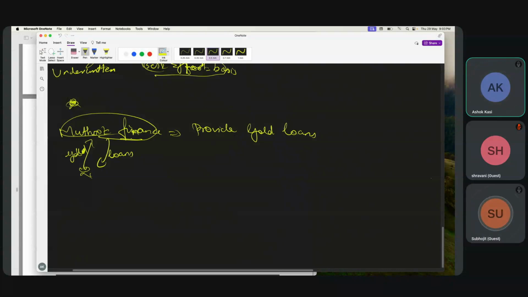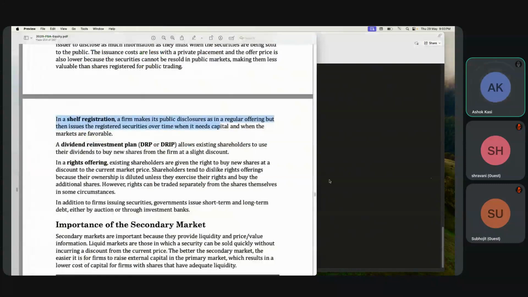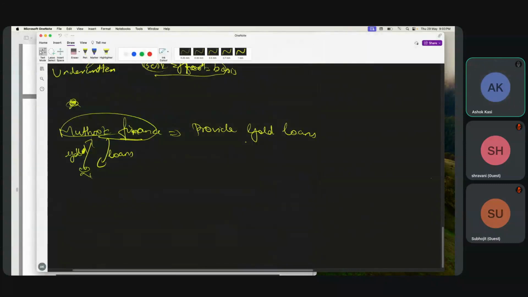What happens is they keep issuing bonds. Every now and then, after every few minutes, you will see them issuing bonds. Every time they cannot go to the regulator and keep on taking permission, fulfilling all the formalities and documentation. That will be time consuming. So they will take permission once and that will be valid for a few years.